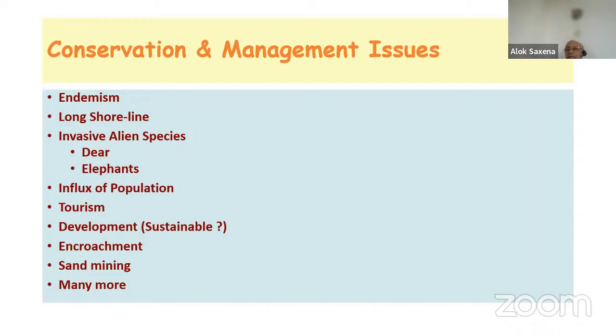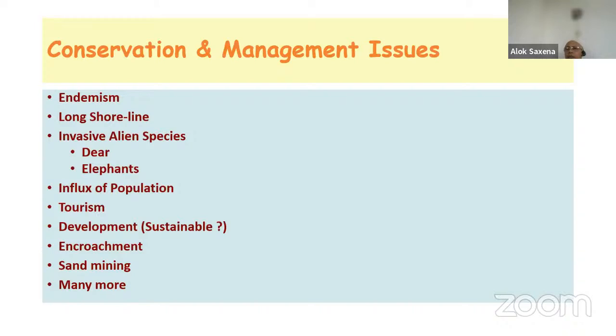A lot of greenery is there and their population is increasing, but the ecological impact is something we are not realizing now. It is eating up a lot of the regeneration of important species. We will come to know about the impact of deer after about 50 or 100 years.